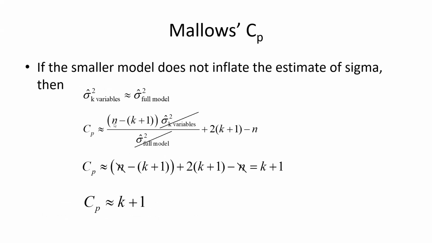Once they cancel out, we can finish the calculation here with the remaining terms, and we get k plus 1. So if the k variable model achieves roughly the same sigma squared as the full model, then the statistic should be k plus 1, approximately.